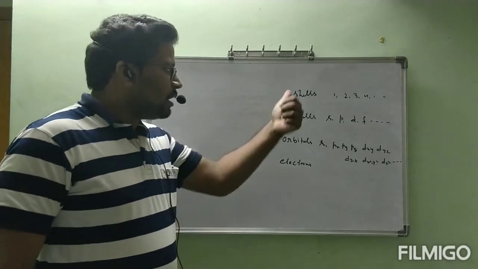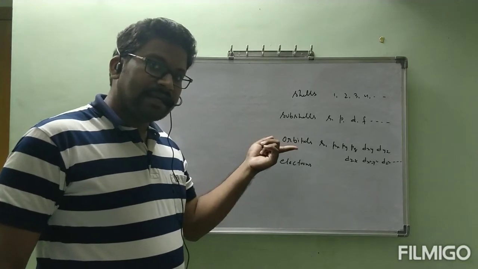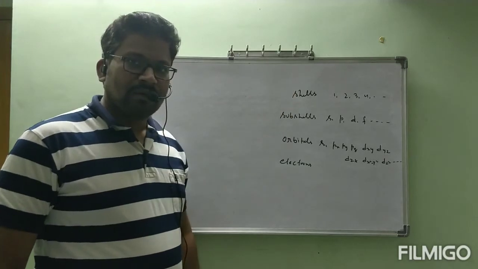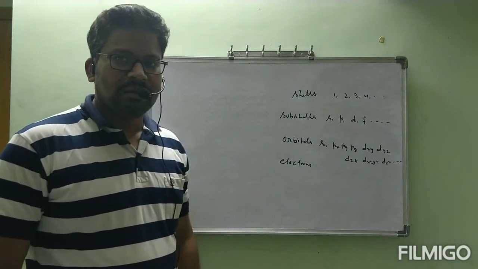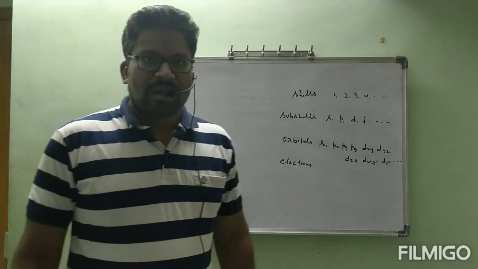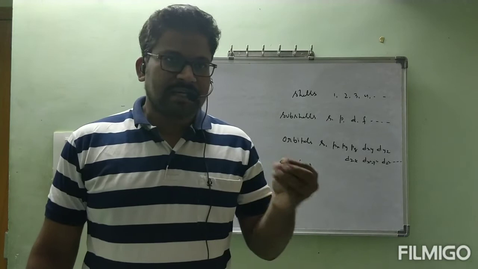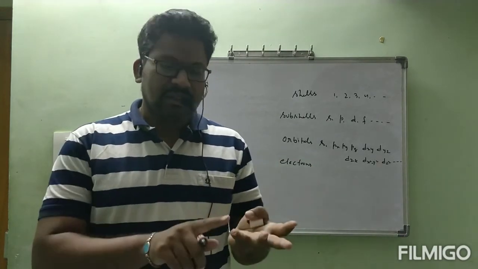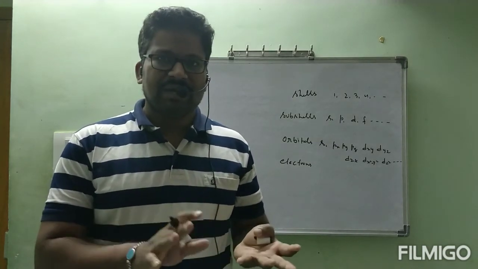Now, how do we represent an electron present in an orbital, which is present in a subshell, which is present in a shell? This is like addressing a human being. Suppose someone wants to know the address of a particular person. What does he want to know first? His state. He belongs to which state in India?